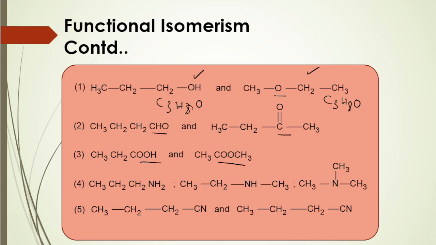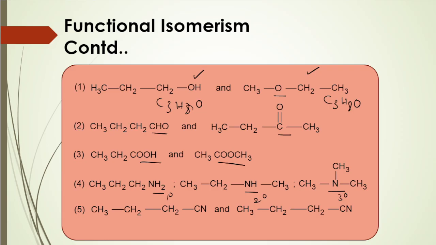Then what about primary, secondary and tertiary amines? If only one NH2 is there, then it is called primary amine. If NH is there, it is called secondary amine. If only N is there, then it is called tertiary amine. In fact, all the three are different groups of atoms and they are different functional groups.